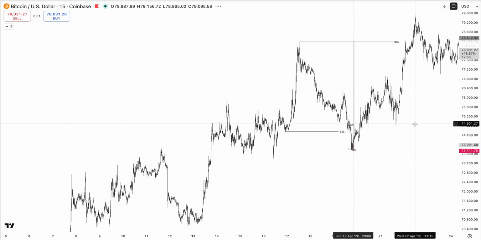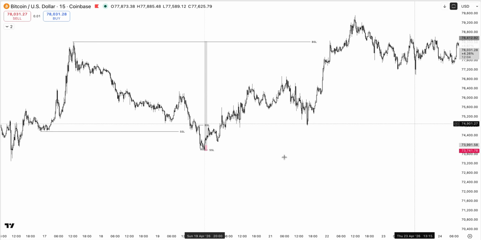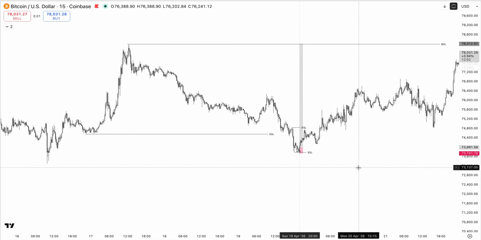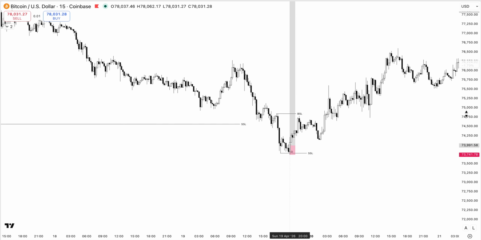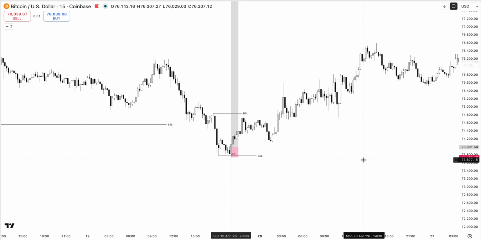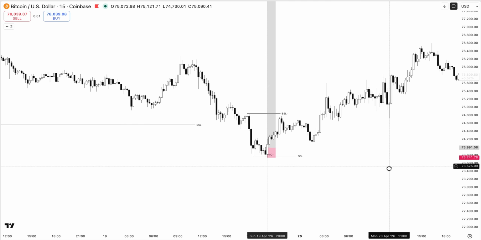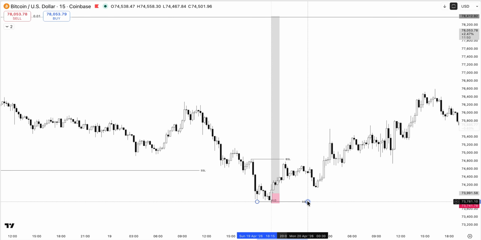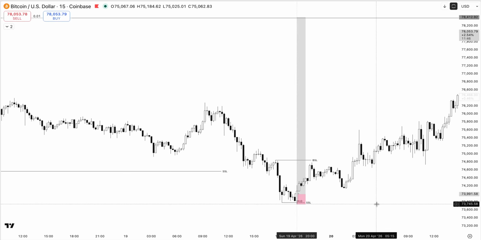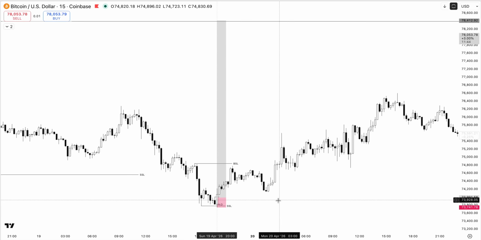So right there, just like so, is how you trade the CRT in form of market maker model. So that's how you go about it right there.